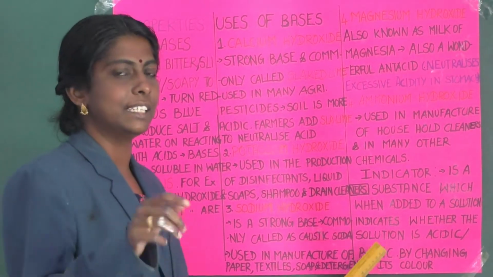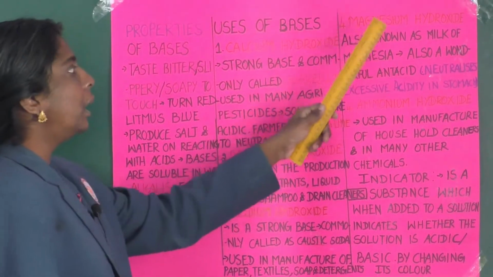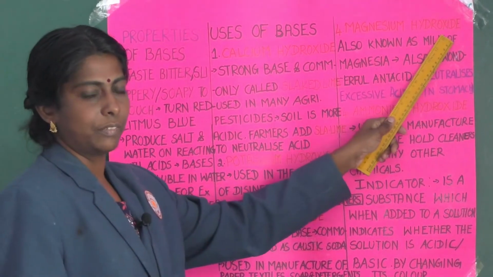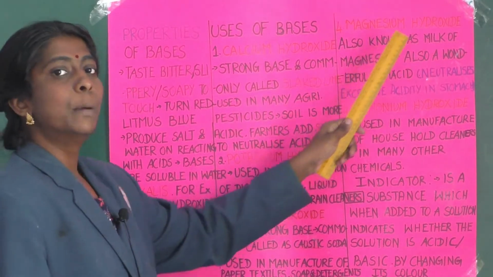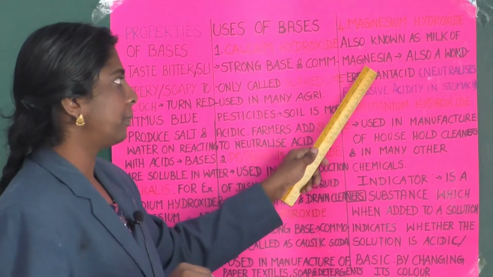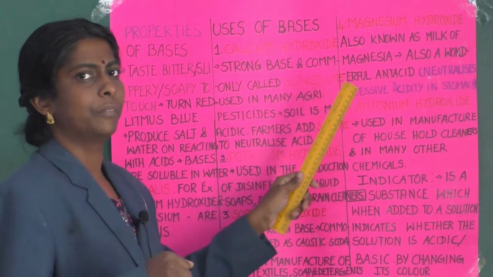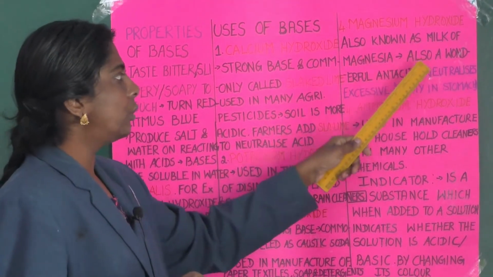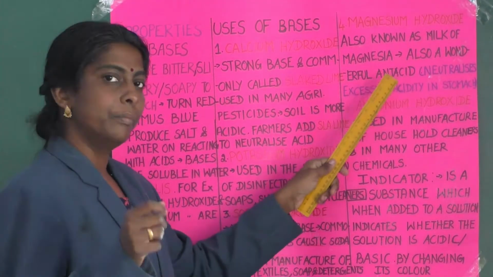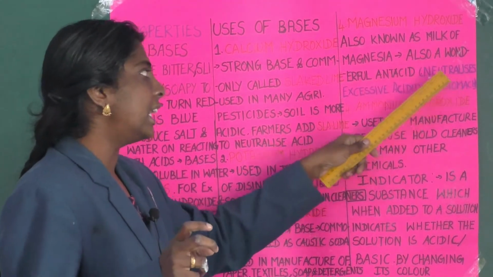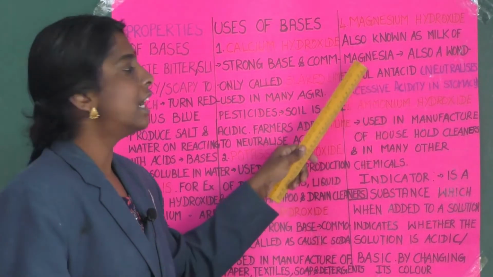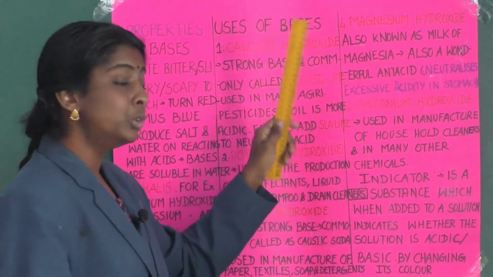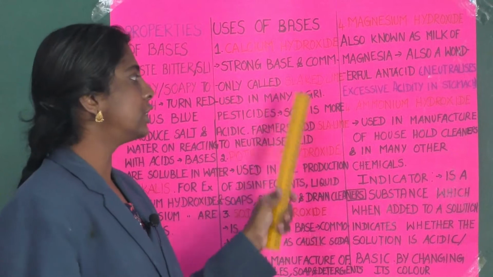Clear children? Yes. The next base is magnesium hydroxide, also known as milk of magnesia. What is this? It is a wonderful antacid, which means it will neutralize the excessive acidity in the stomach.